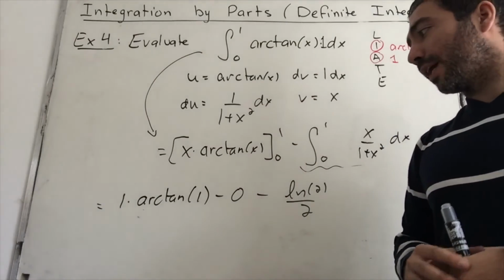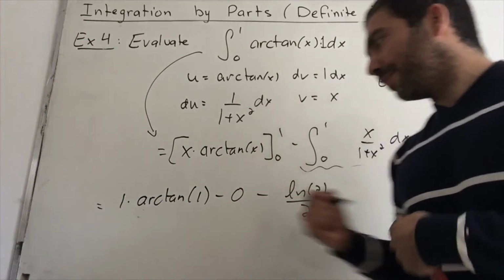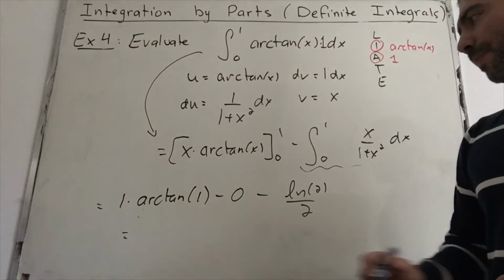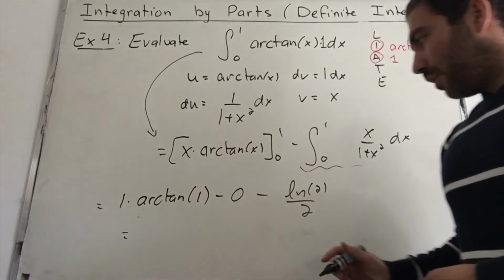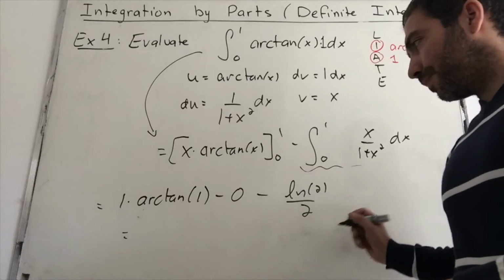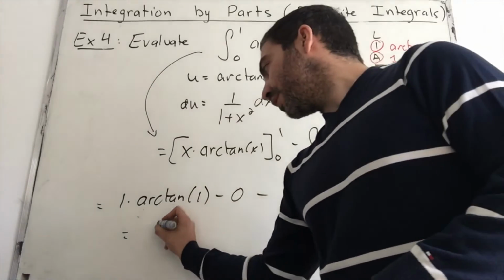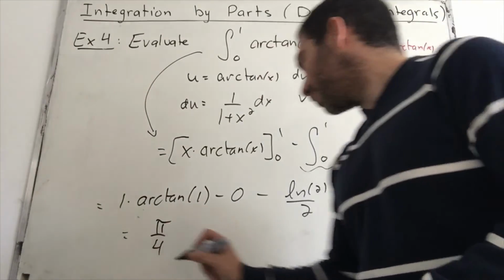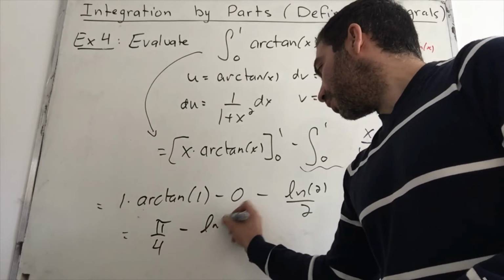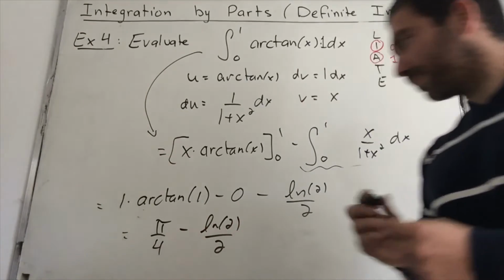Okay. Arctan of 1, this is a bit tricky. But how can we write this? This gives us pi over 4 from our unit circle minus ln of 2 over 2.